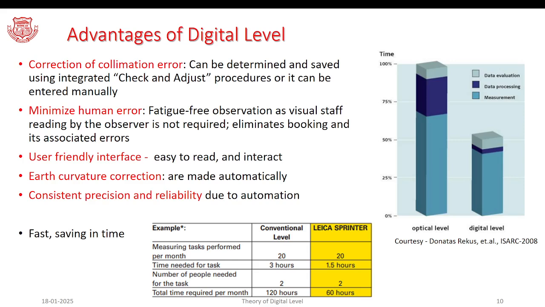So there are many advantages as far as use of the digital level is concerned, and that is too obvious. Here, as I mentioned, the collimation correction is required. However, it need not be performed through manual adjustment, as there is an inbuilt program. Even this can be done manually and the corrections entered manually.